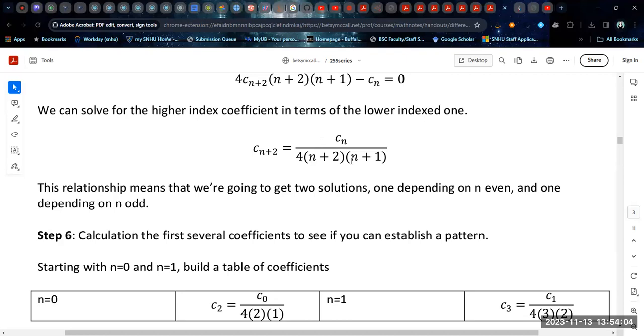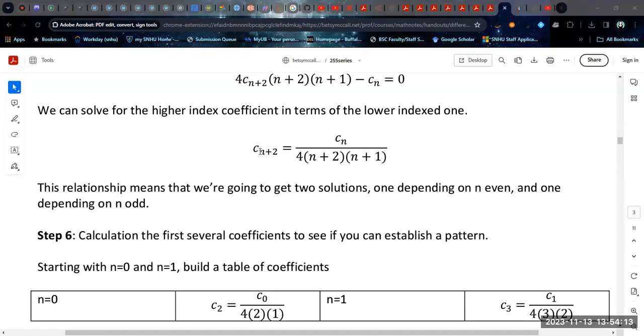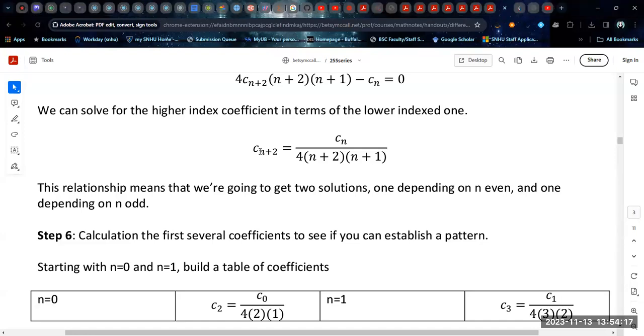But if you start with an odd c sub 1, for instance, then the next odd index will be based on this formula. But the even ones and the odd ones are not related to each other. The coefficient for C0 and the coefficient for C1 are independent. But we have this formula that will generate those coefficients once we have the first one in the series.